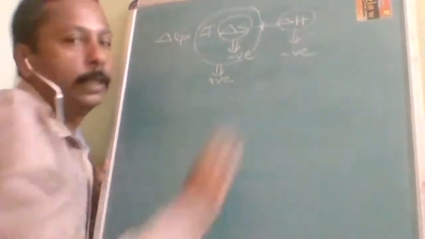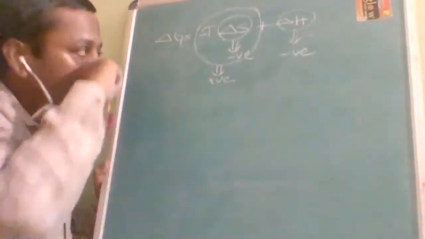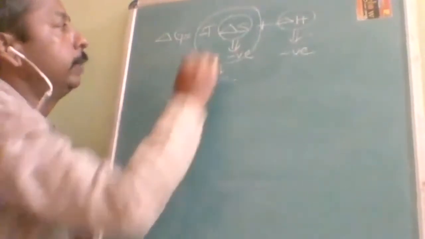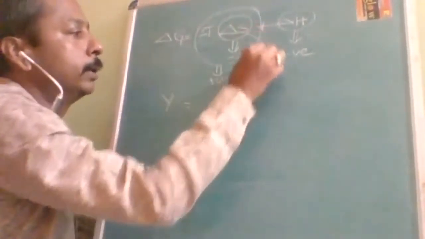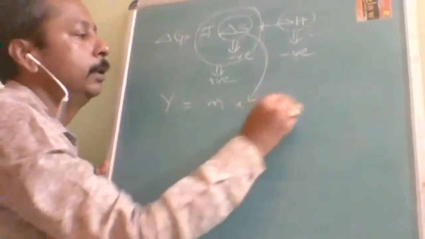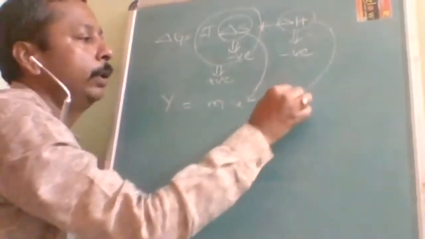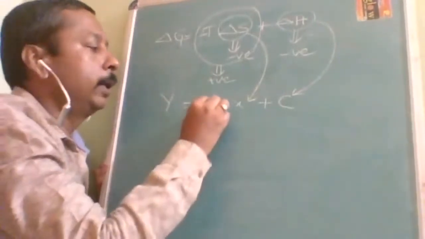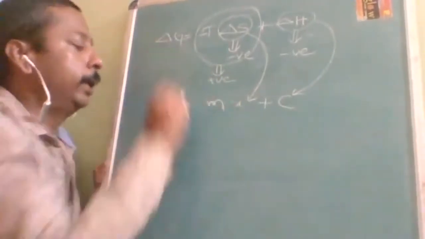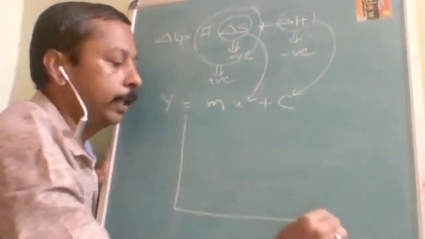Therefore, it is negative. So now you understand y is equal to m x plus c: this is m, delta S is going to be x, and delta H is going to be c. So this is going to be a straight line when I take delta G on the y-axis.